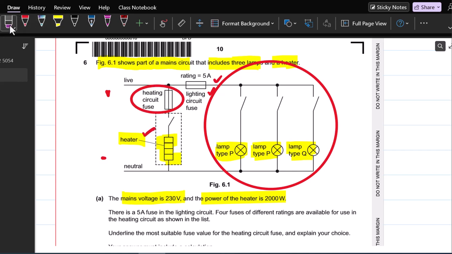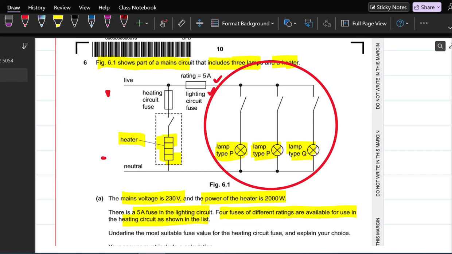So a fuse is basically going to control how much current can flow through. There is a 5 ampere fuse in the lighting circuit. 4 fuses of different ratings are available for use in the heating circuit, shown in the list. So you have to underline the most suitable one.